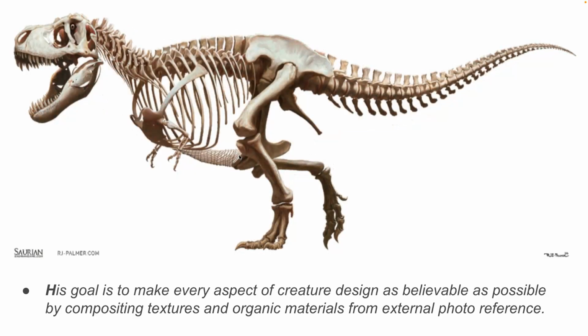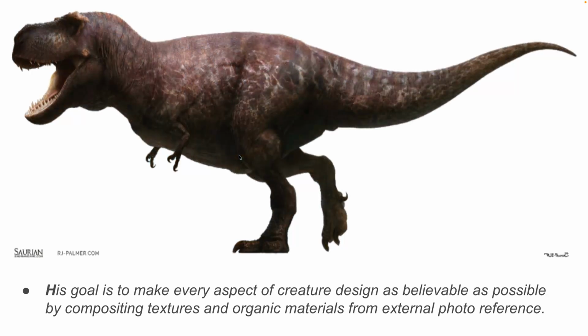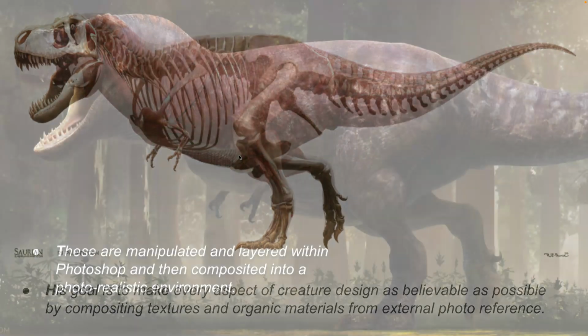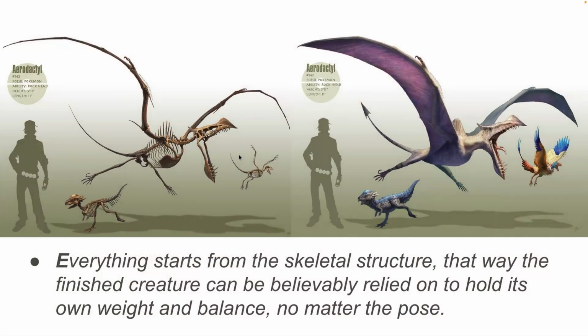So going way beyond just a skeletal sketch to like a full composite for each layer of the skeleton, the muscles, and then the covering. And he has since amended these with new knowledge about dinosaurs to add feathers. And he continued this skill and just kind of posted it on his social media.